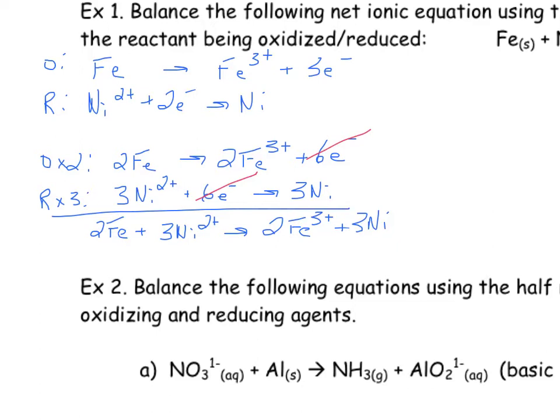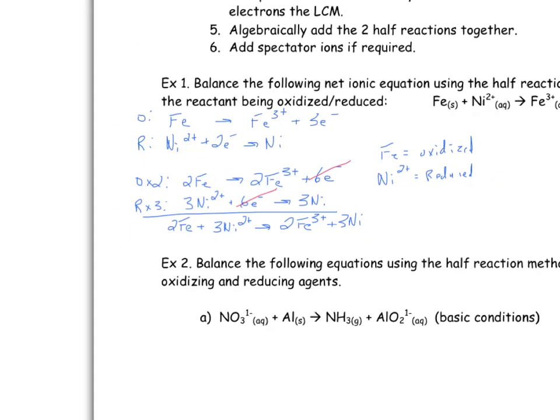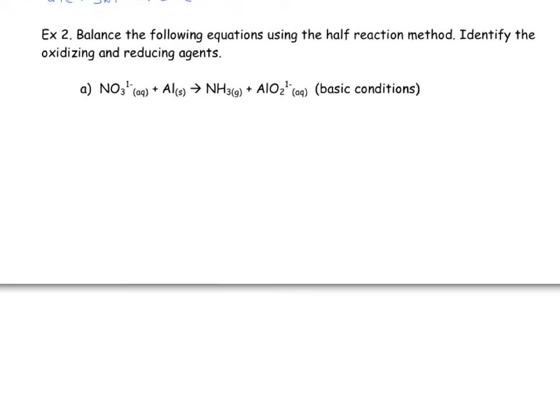Let's finish the question by identifying what gets oxidized and what gets reduced. This was a fairly simple example because we were under neutral conditions. The toughest and the most amount of work is when you're under basic conditions. Here's an example.